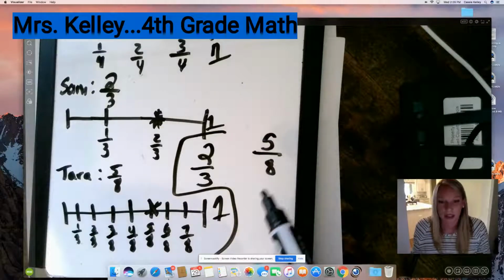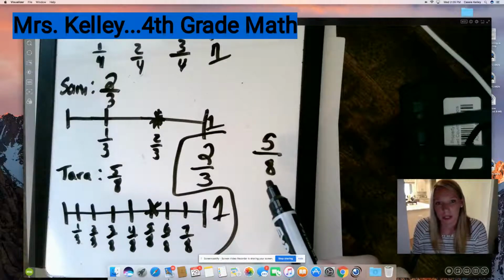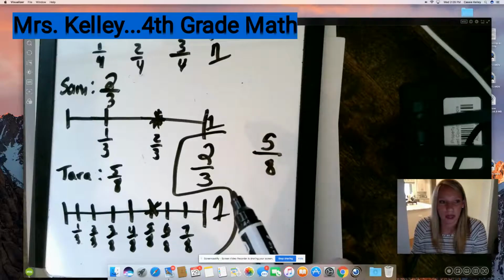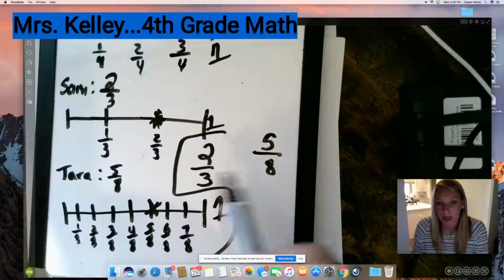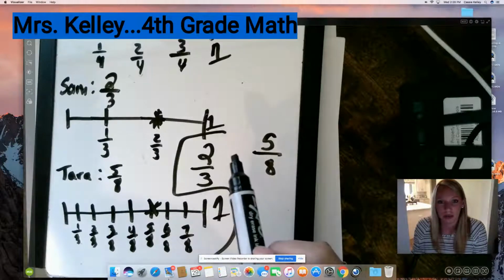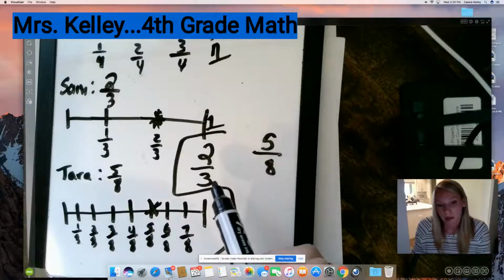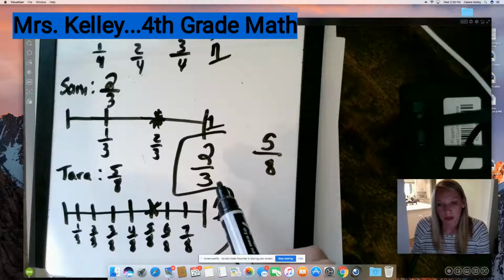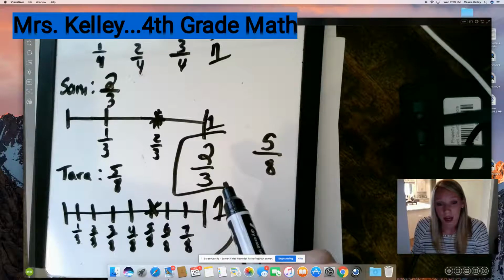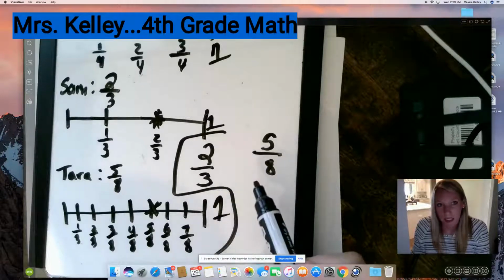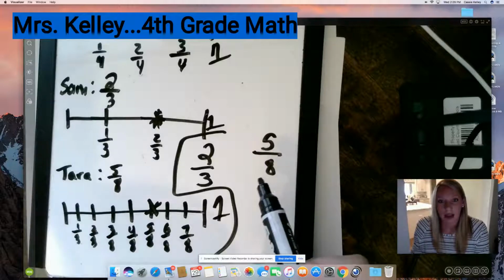One thing I can do is find a common denominator between these two and then change my numerators. That way, once the denominators are the same, you simply look at your numerator to see which one is the largest.